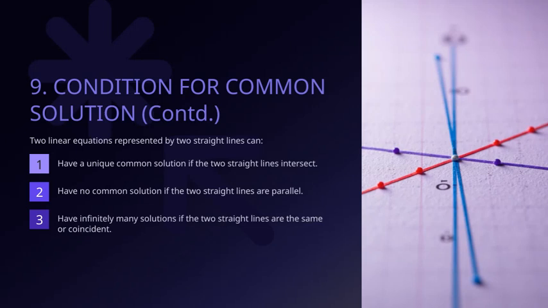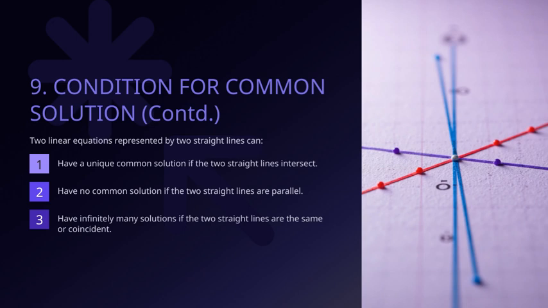Now, let's discuss the key points about the solutions to two linear equations represented by straight lines. First, if the two lines are actually the same or coincident, then we have infinitely many solutions. This is because every point on one line is also on the other, so they overlap completely. Next, if the lines are parallel but not coincident, then there is no common solution at all, meaning they never intersect.